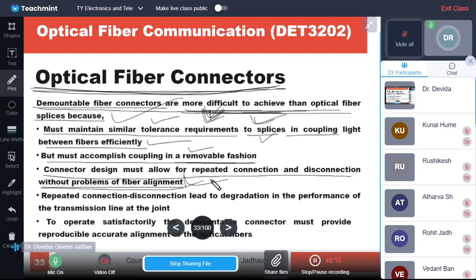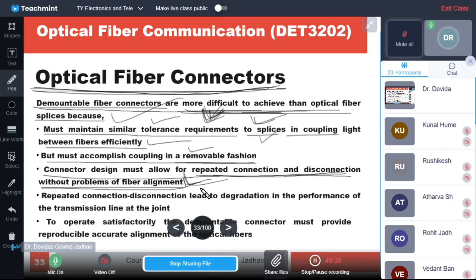Maintaining the fiber alignment in repeated connection and disconnection, that makes it more difficult. Okay, that is the reason it is becoming more difficult.